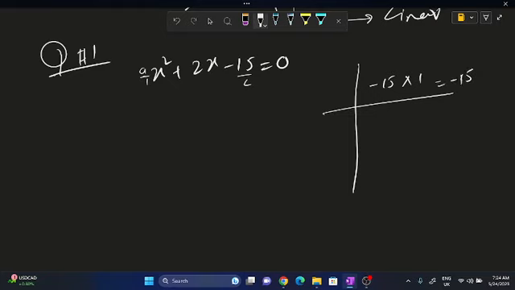Now you have to choose two numbers whose product makes minus 15 but whose addition or subtraction should make the middle term, that is 2. If I choose minus 15 times 1, no doubt that would be minus 15. But if I choose minus 15 plus 1, that gives me minus 14, not 2.